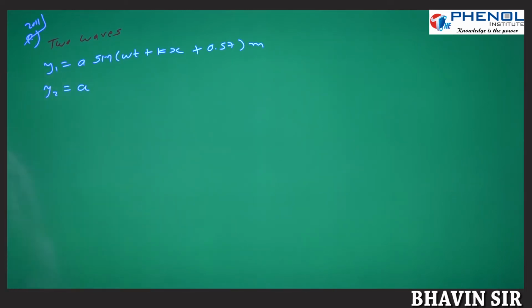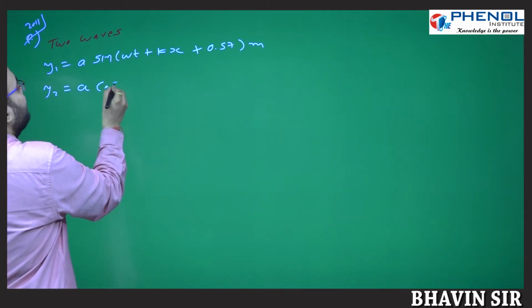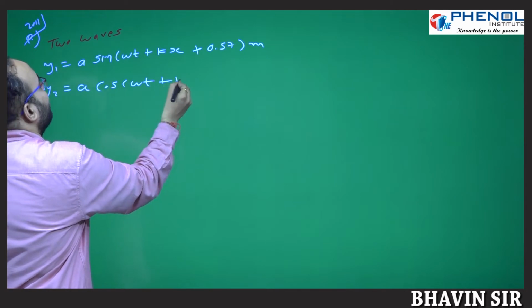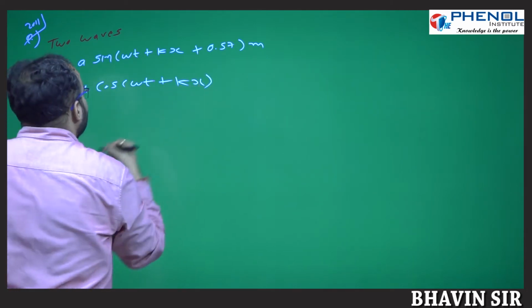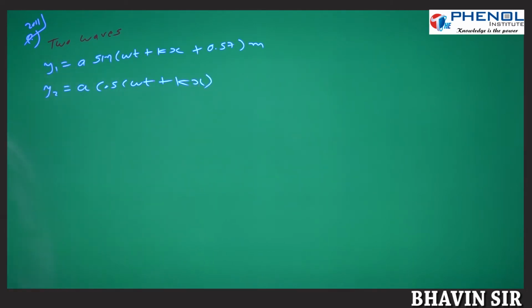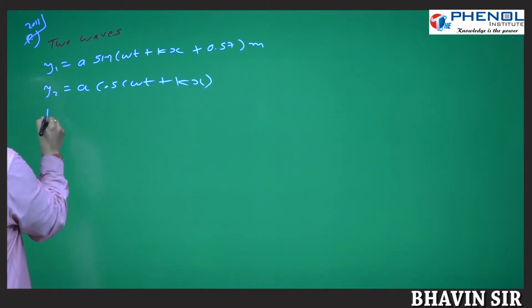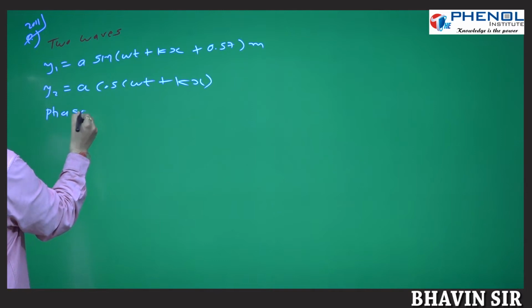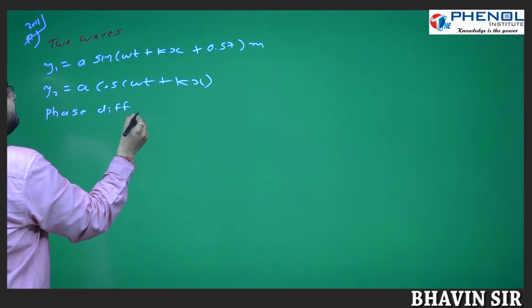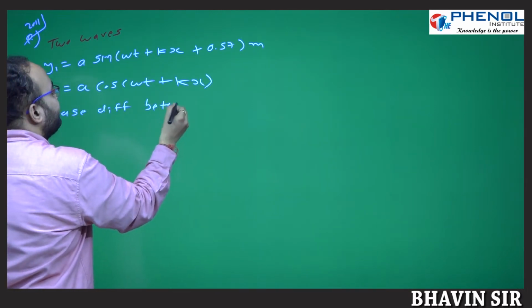The equation of the second wave is A cos (omega t plus kx), right? This is the equation of the second wave. Now we want to find the phase difference between them.